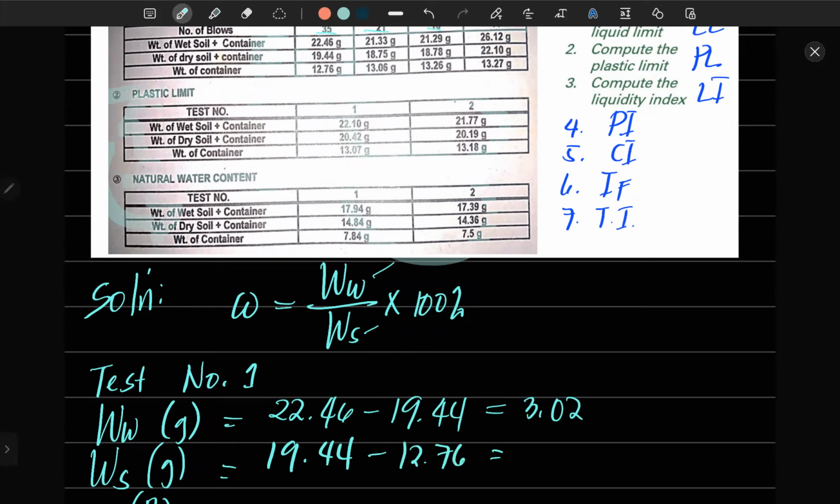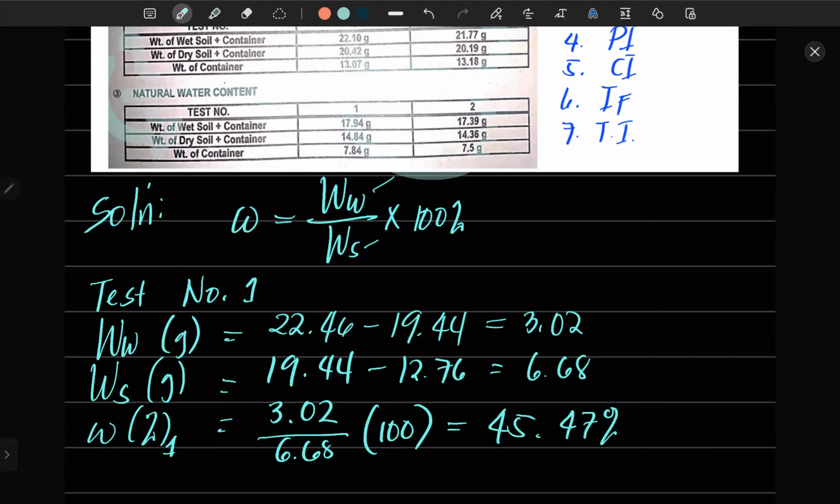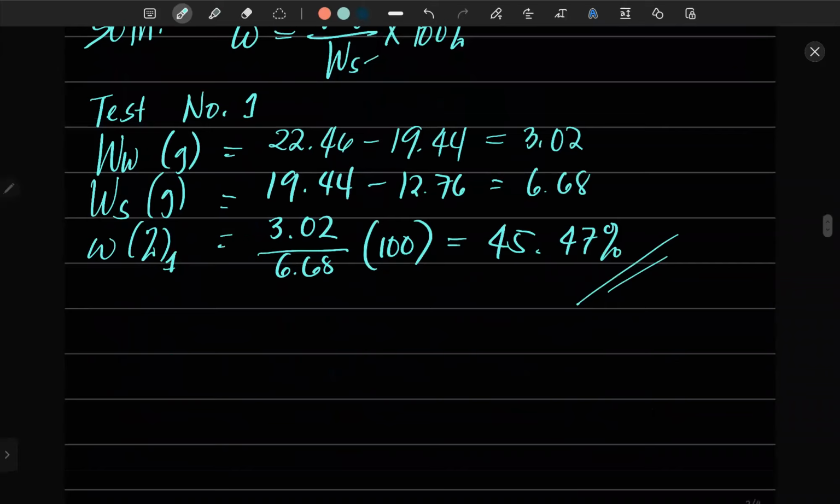This yields a value of 6.68. For moisture content 1, we have 3.02 divided by 6.68 multiplied by 100. This is equal to 45.47%. So this is our moisture content for test 1.